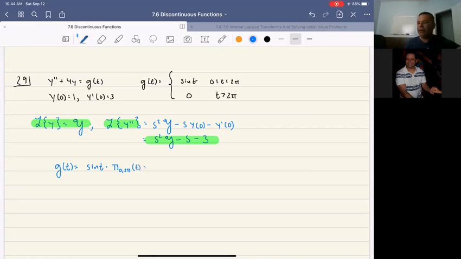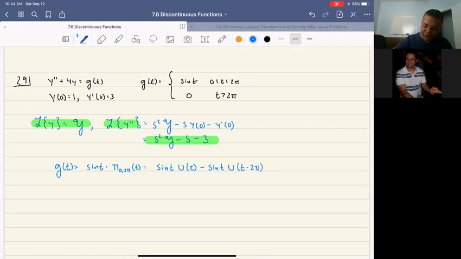Now remember, the window is the step function of the bottom minus the step function of the upper boundary. So this is sine of t times u of t, because it starts at 0, minus sine of t u of t minus 2 pi. So it ends at 2 pi.